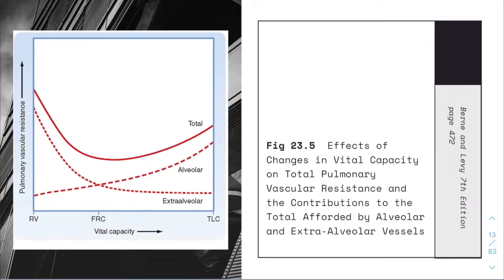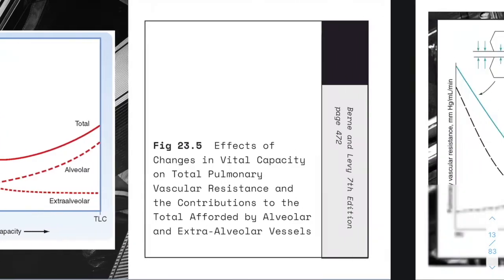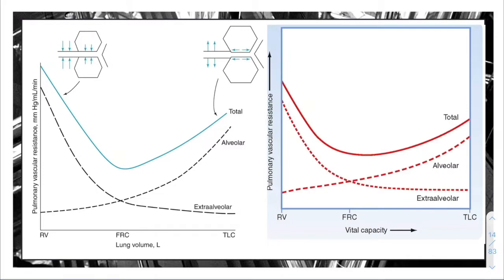This graph will show the effects of changes in the vital capacity on the total pulmonary vascular resistance contributed by your alveolar and your extra-alveolar vessels. To clearly illustrate this relationship, we have another graph to show the relationship between your alveolar vessels and your extra-alveolar vessels.